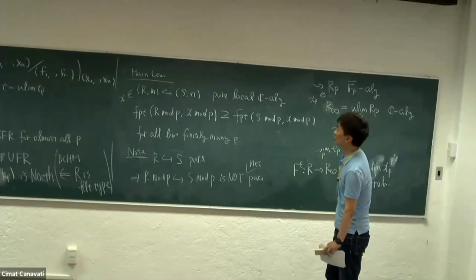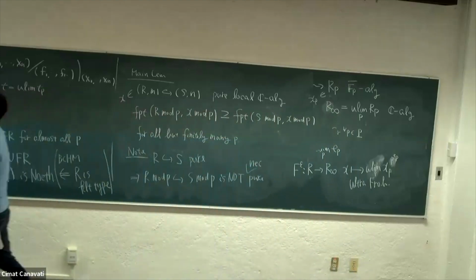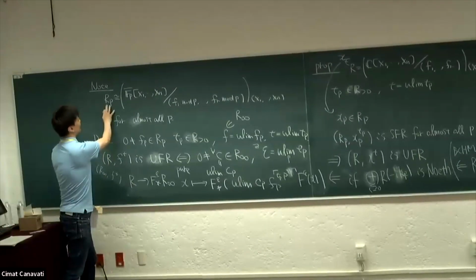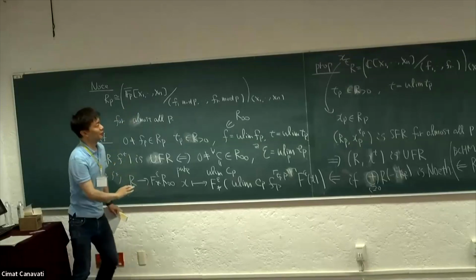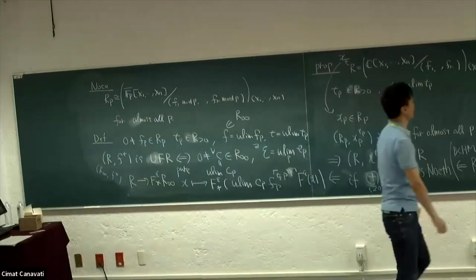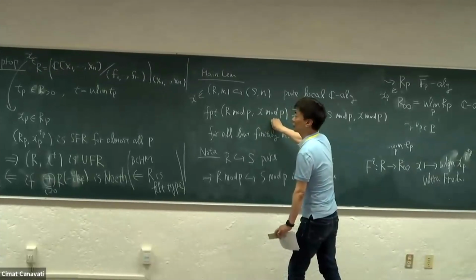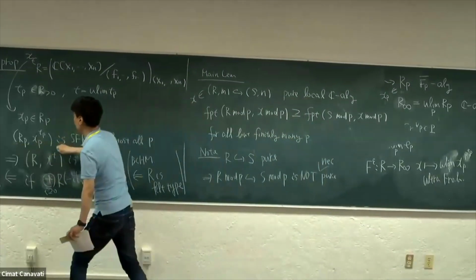This is the main lemma, but as I explained here, after base change, for almost all p, R sub p is isomorphic to the modulo p reduction of R. So we can interpret this condition in terms of a condition on R_p.